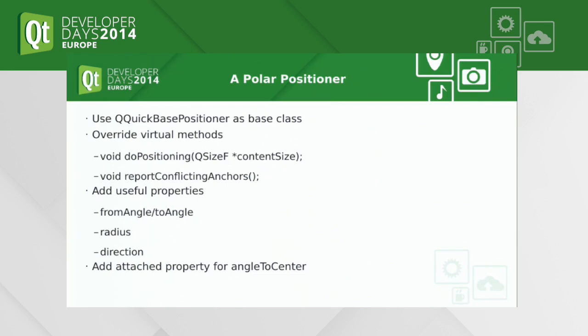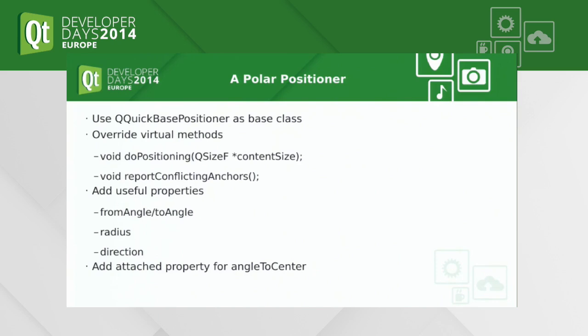It's a private class, so you cannot use it directly, but, well, we have the Qt source code, right, so we can nevertheless access private API, and I aim to upstream this feature, so it's not a bad thing to use private API. And this QQuickBasePositioner has two virtual methods that you have to override. These are doPositioning and reportConflictingAnchors.